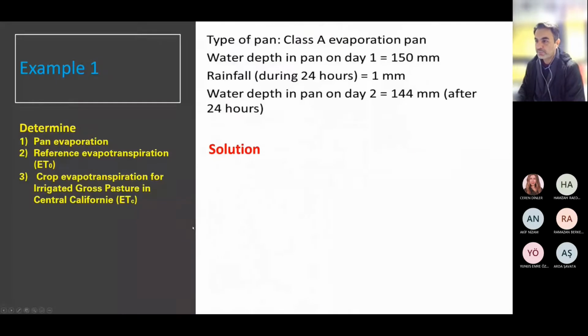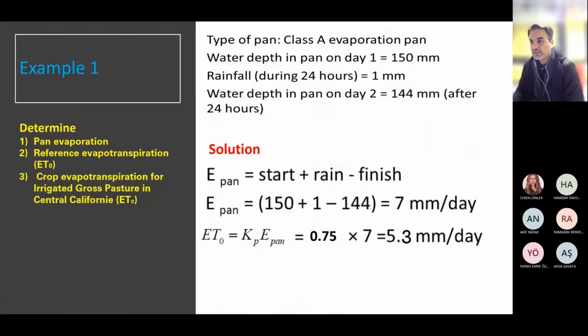irrigated grass pasture in Central California. So first, in order to calculate EPAN, pan evaporation equals the amount of water before the day and the amount of water after the day.